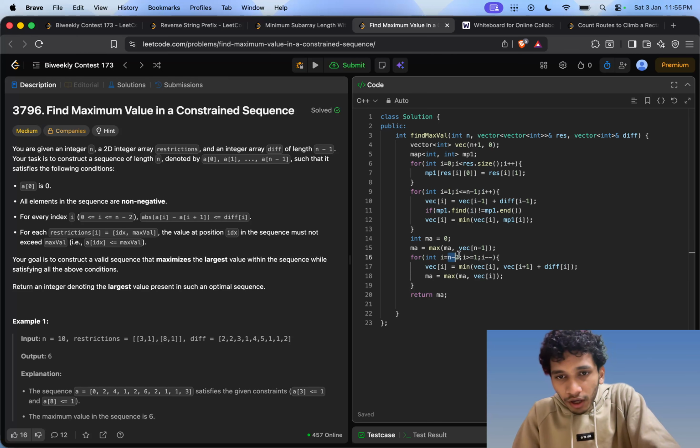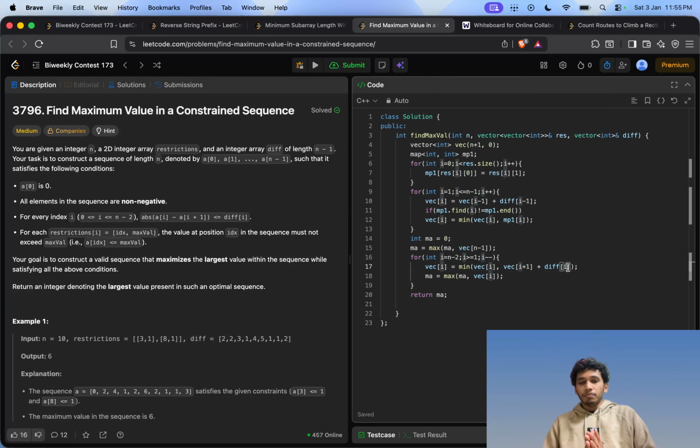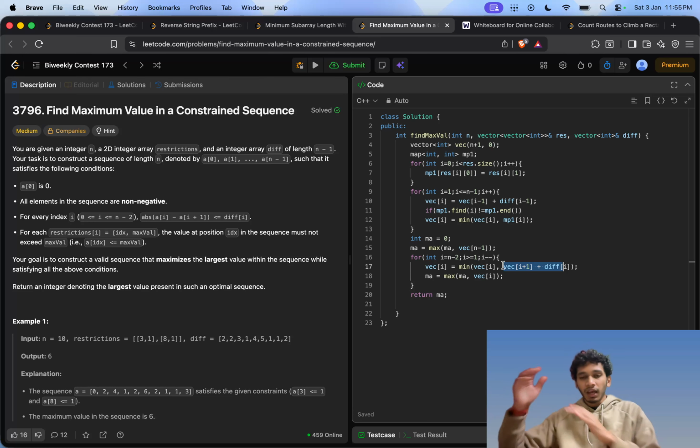So change n minus 2 if there is some such restriction, that is, the minimum of what value it could have been. If it is higher than the larger value, then restrict it with vec[i plus 1], that is, the next value plus the difference value.